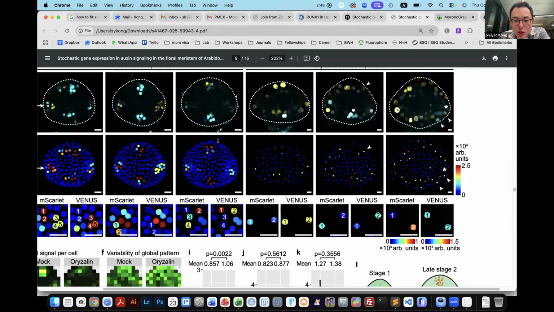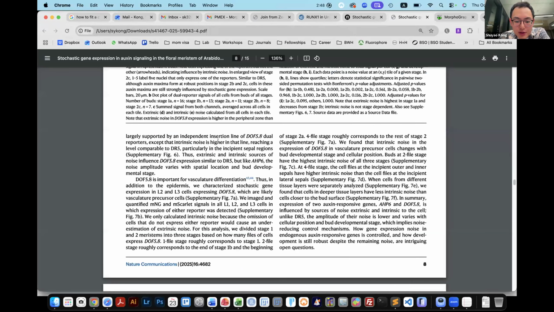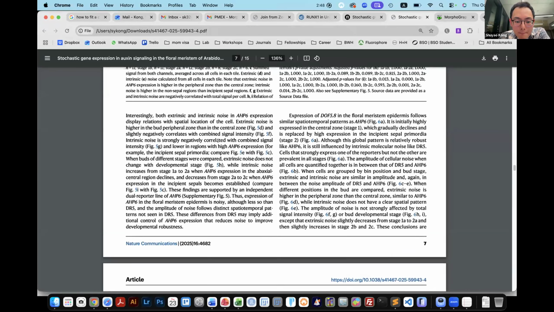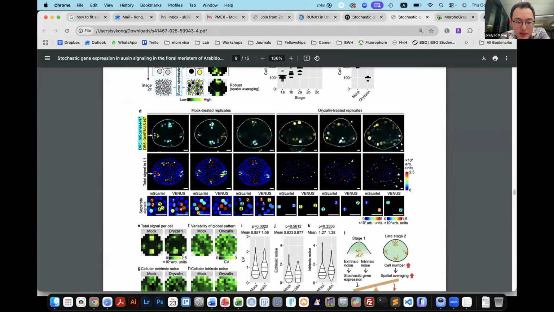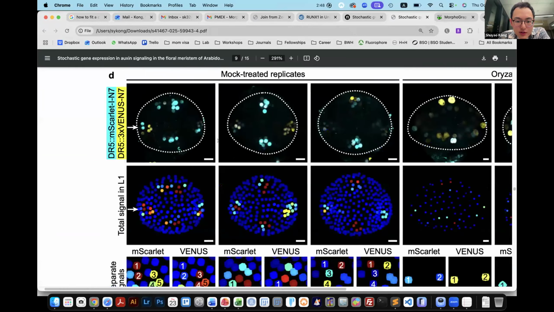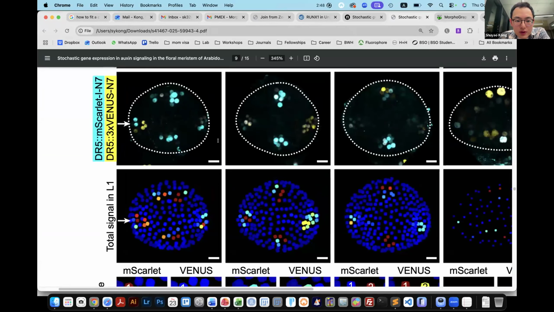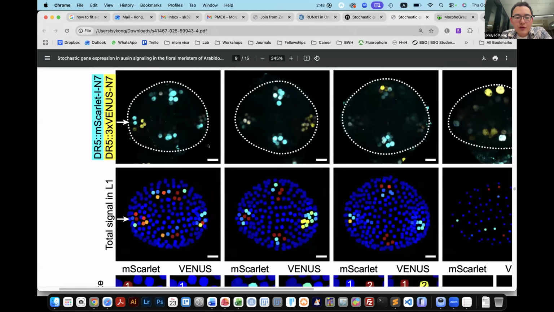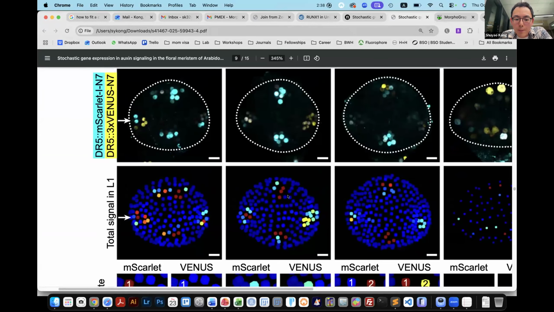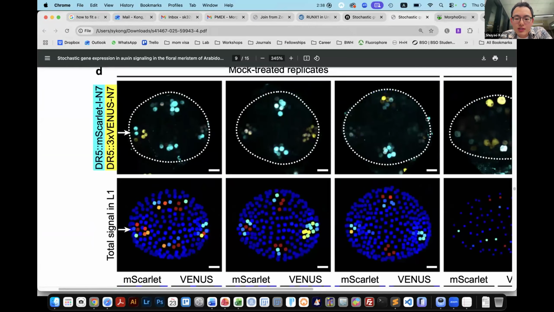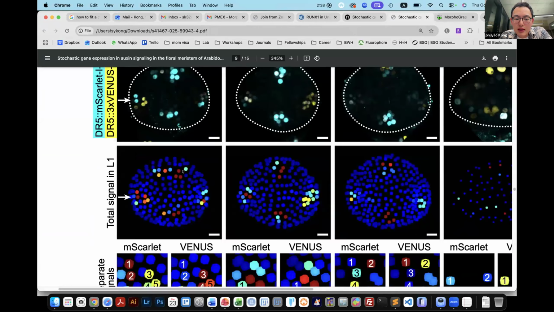One thing I didn't show in the presentation, and I think this is a good example, is that you can quantify different replicates. These replicates are the same genotype and the same treatment, and they look different. The overall pattern looks the same, but when you look at the cells, this auxin maximum looks slightly different from this one.